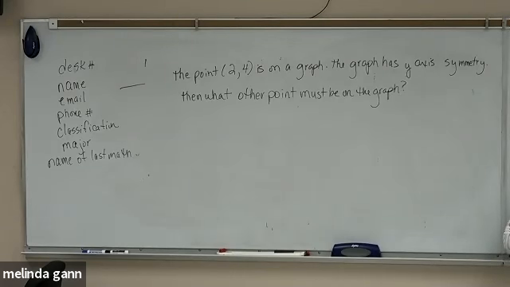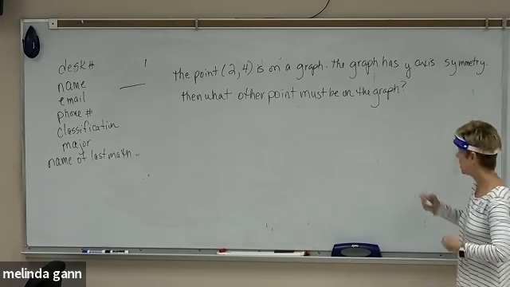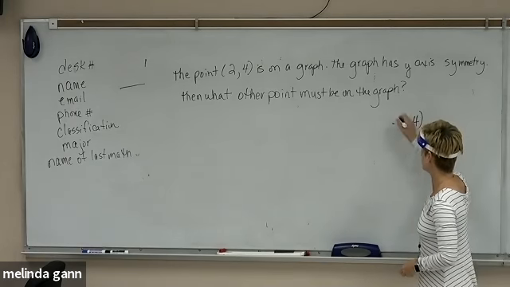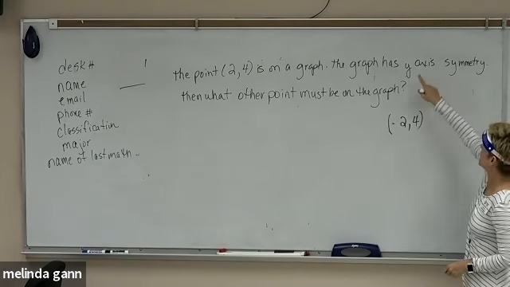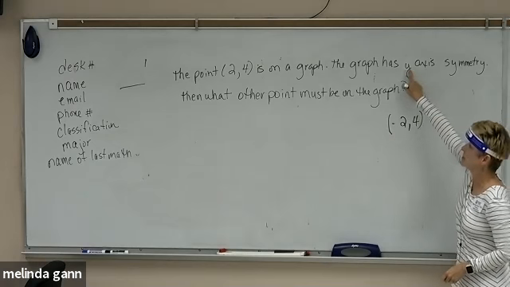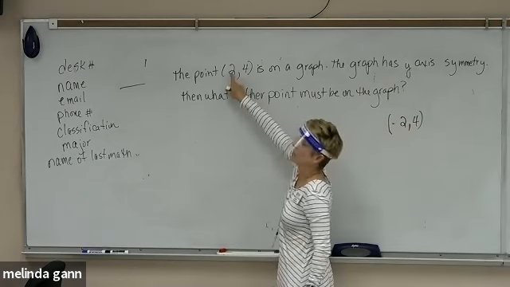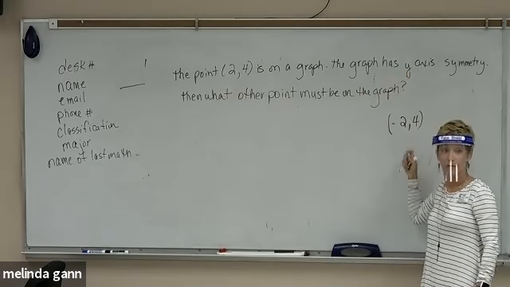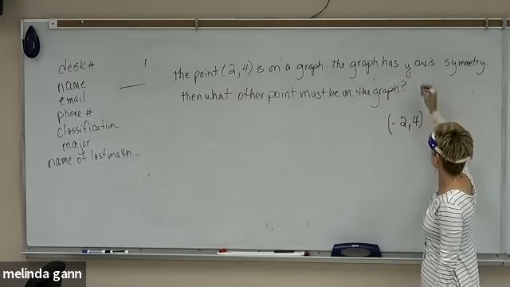All right, what do you think's on the graph? Good, negative 2, 4. Does everybody understand why? Because when you say y-axis, what gets replaced? This x is replaced with a what? A negative x. What if it were origin symmetry?